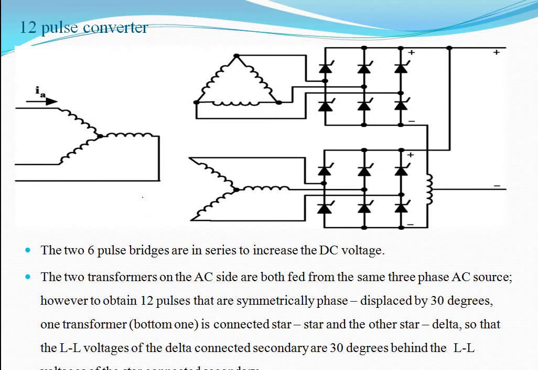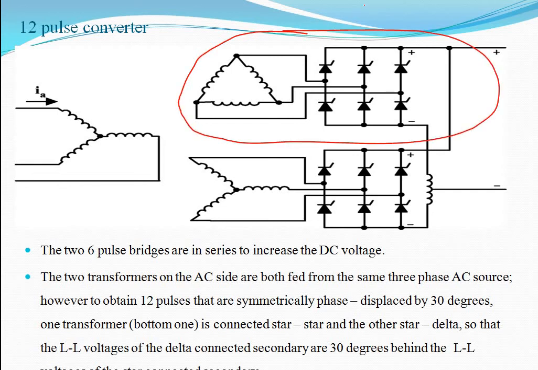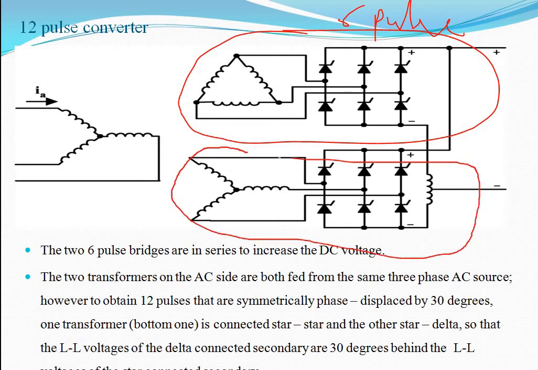So you can see here the star primary side and the secondary side with two 6 pulse bridge converters. Star-delta feeds one 6 pulse bridge converter, as we saw in the previous slide with the output graph, and this is your second 6 pulse converter, connected in series. So star-delta and star-star.